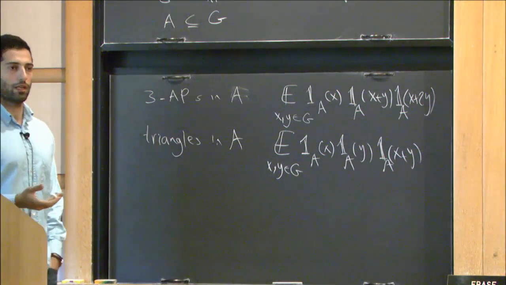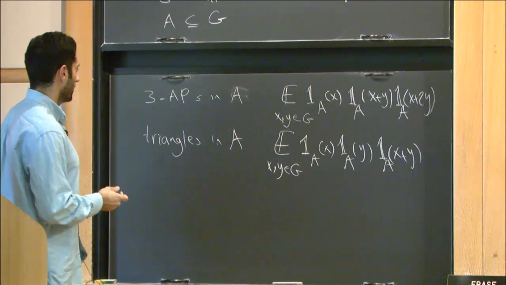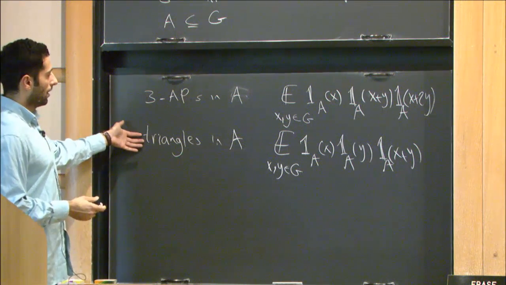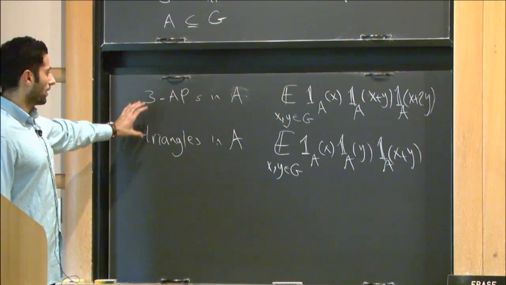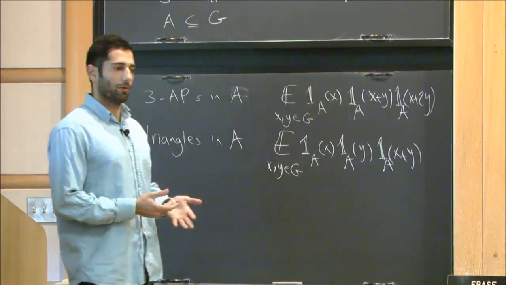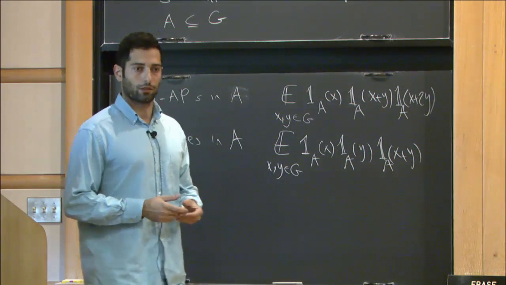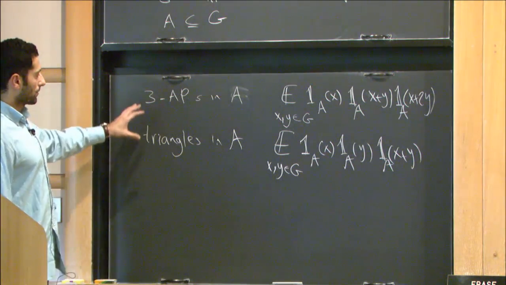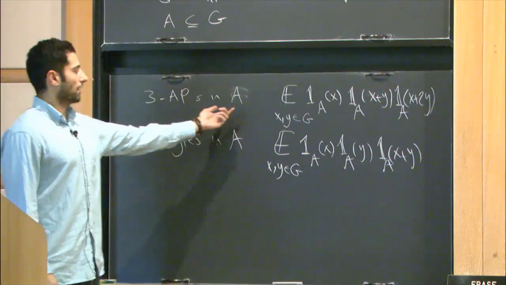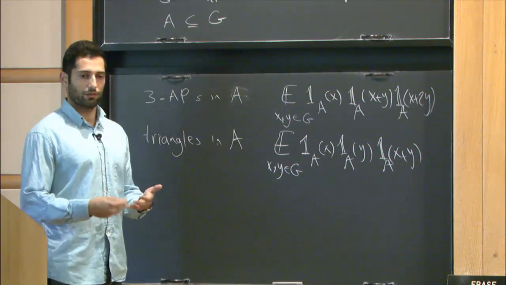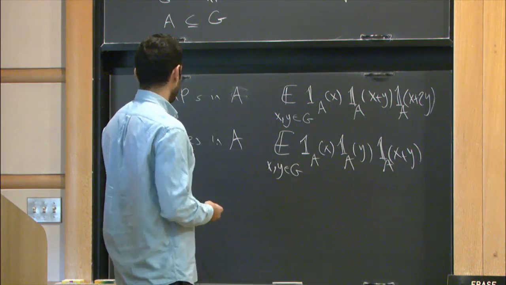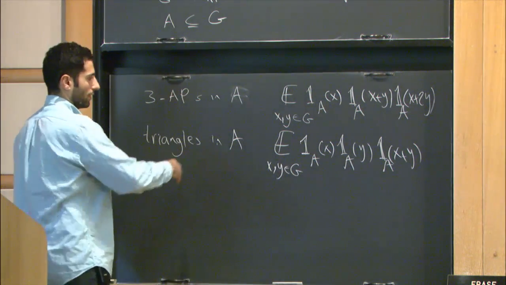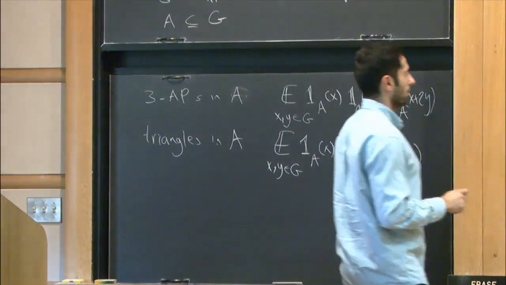So these are two examples of small linear structures that people are interested in studying, and both of them seem to turn out to be controllable by actually just Fourier analysis. So just the Fourier expansion of the characteristic function of A is sufficient to actually understand these densities. So what do I mean? So let's look at, for example, triangles.